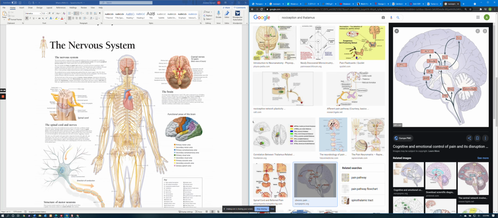This image doesn't show it very well, but it does show you some idea of how the thalamus sends signals out. So it can send it out to the prefrontal cortex. It can send it to the back sensory areas. It can send signals back to the cerebellum or to the emotional parts of the brain, like the amygdala. That's the fear part of the brain. And then those signals will come back eventually.